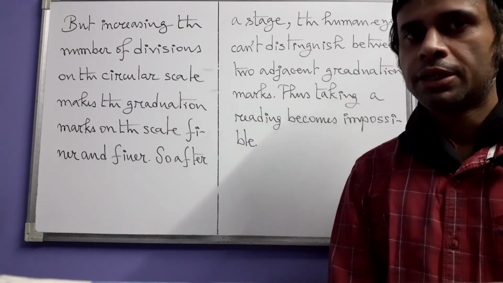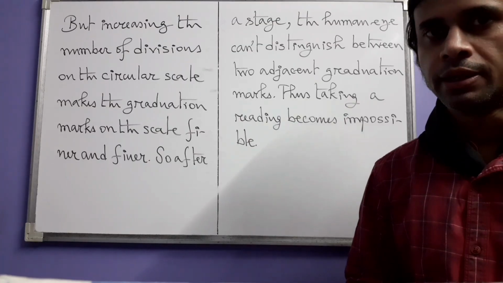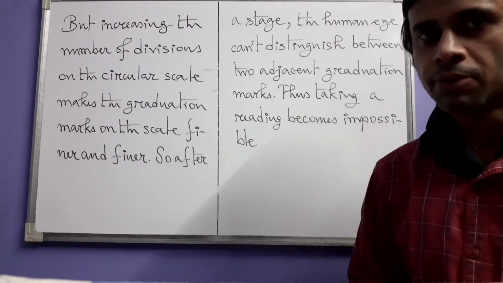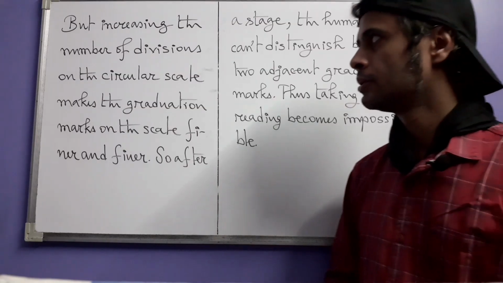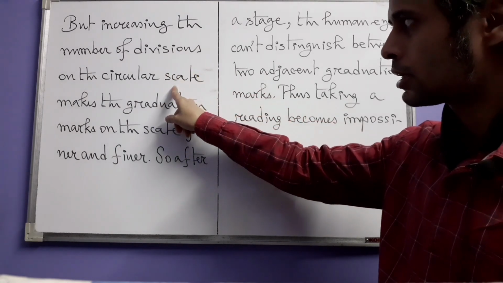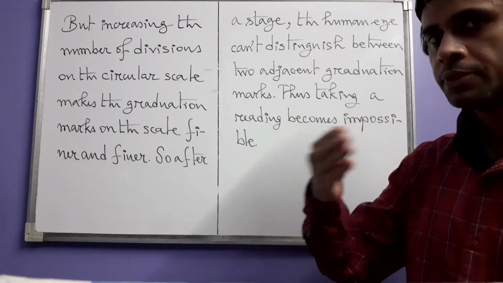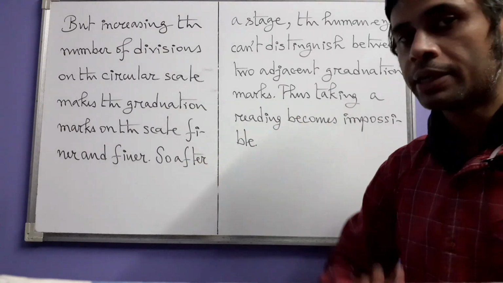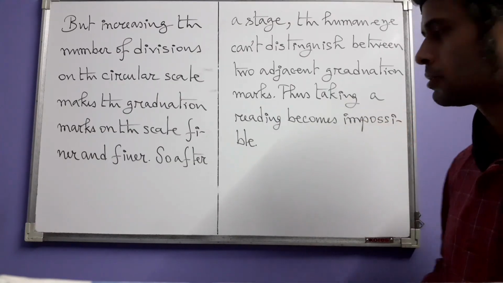Increasing the accuracy by increasing the number of marks on the circular scale is theoretical in nature. In practice, if you try to do that without any bound, then you face many problems. This is one problem. By increasing the number of divisions on the circular scale, the graduation marks, those marks using which you make the measurement, become finer and finer, very finely spaced.